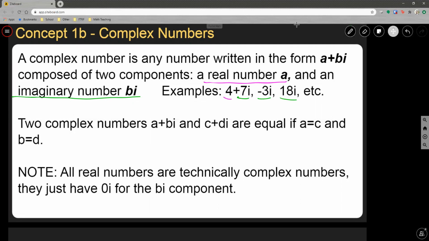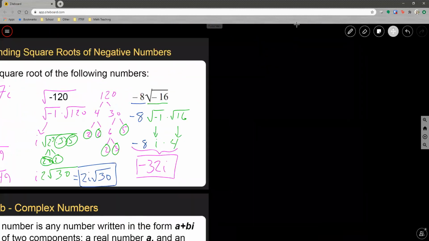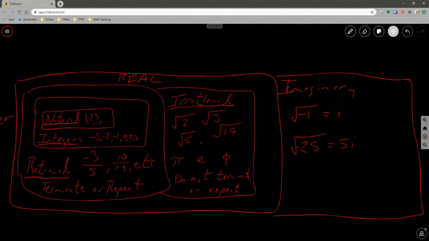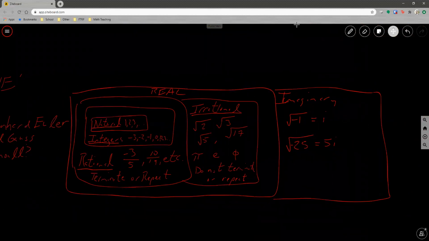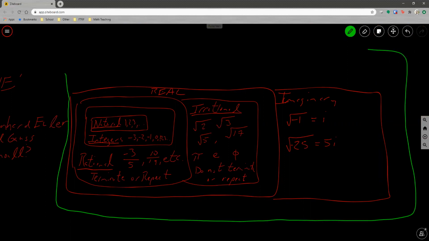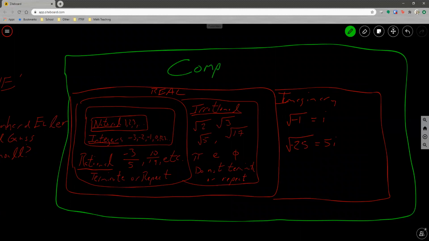So going back really quick, we go back to this diagram over here. That means if we combine the real and the imaginary groups into just one big system, we call that the complex numbers.